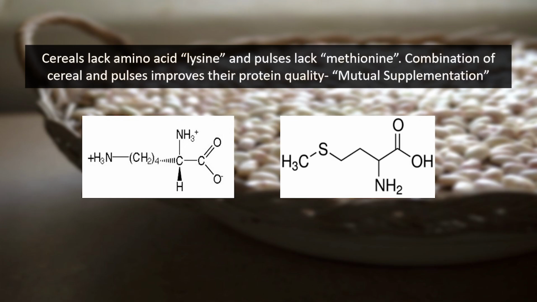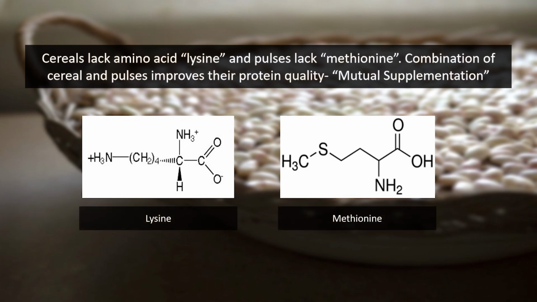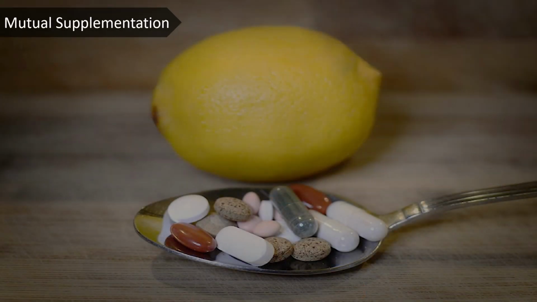Here I want all of you to learn this very important point: cereals lack an amino acid named lysine, while pulses are lacking in an amino acid named methionine. Therefore, the combination of cereal and pulses in our diet improves their protein quality. When we combine cereal and pulses, we get lysine and methionine both, and therefore the protein quality is improved. This process is called mutual supplementation.